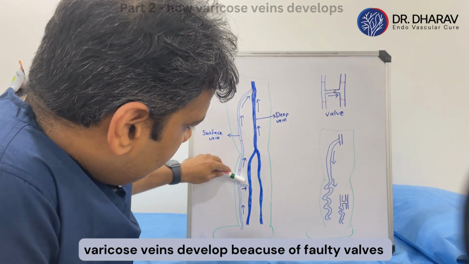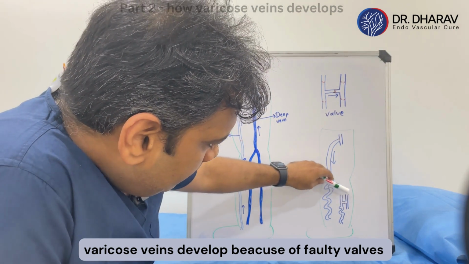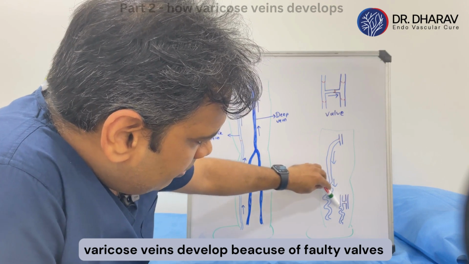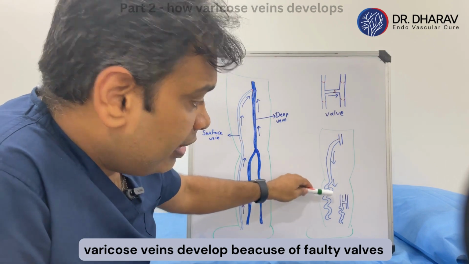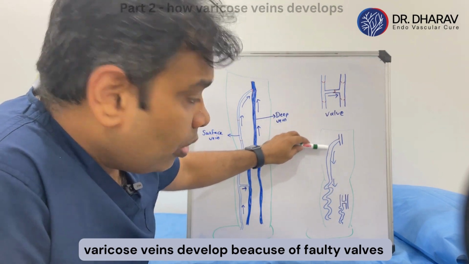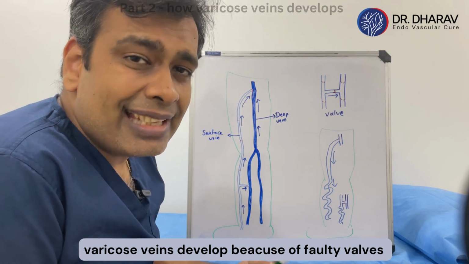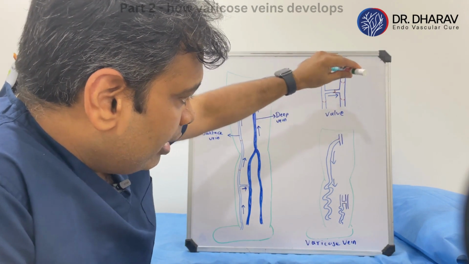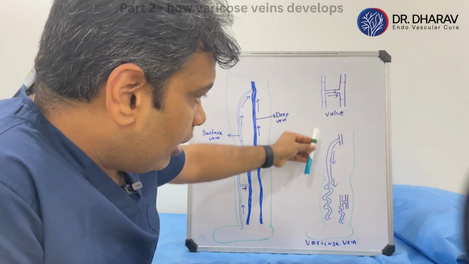If this connection becomes weak in the leg area, as you can see in the diagram, blood from the deep veins can come into the superficial vein and it can develop tortuosity, varicosity. So that's how varicose vein develops. These veins are not useful in the body, you should remember, because instead of helping blood to go up, it is acting as a pathway for blood to go down.